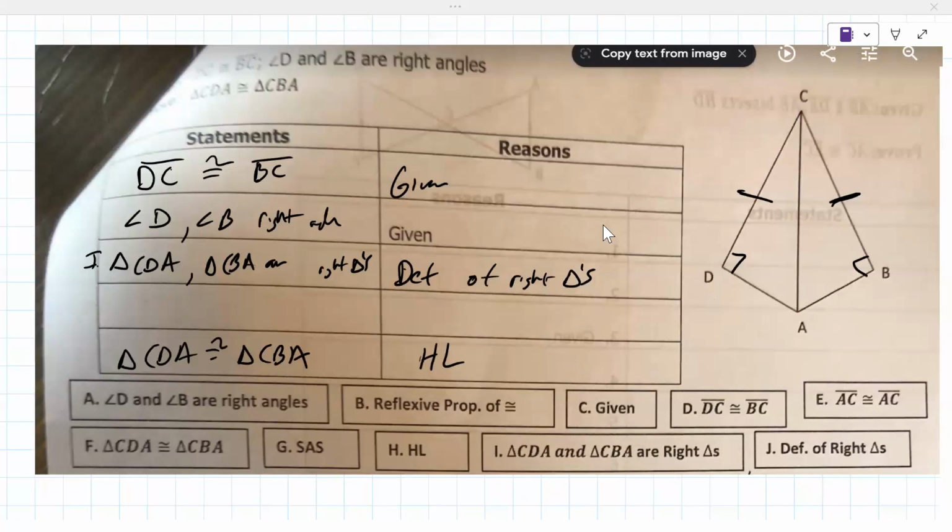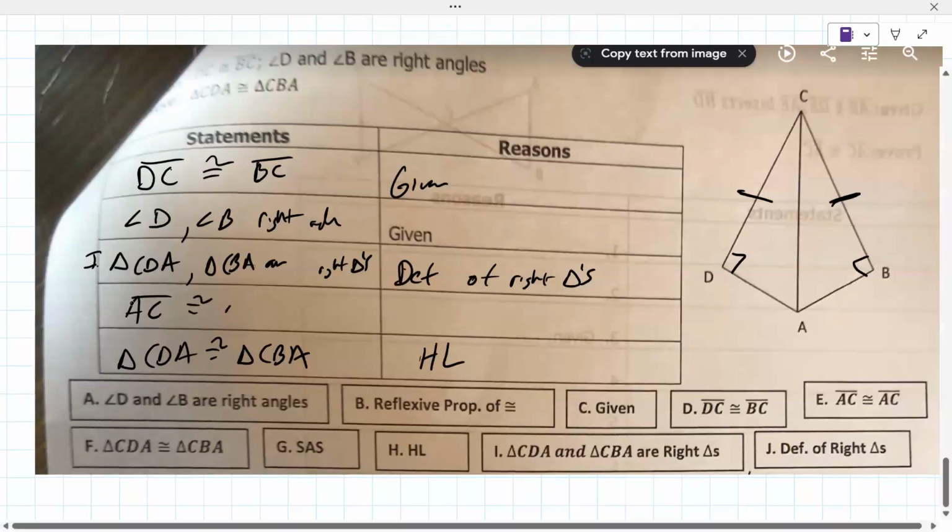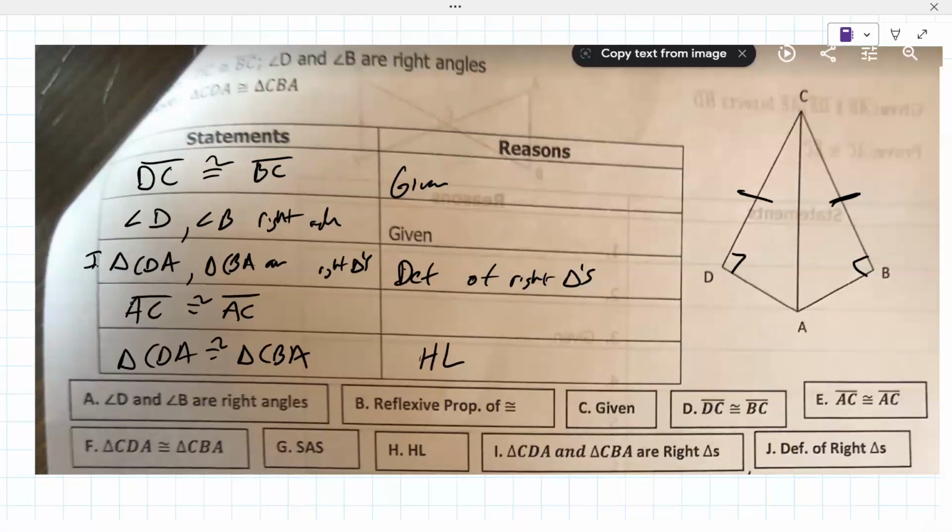So you need the hypotenuse. Which segment is the hypotenuse? CA. Yeah, there you go. So you got AC congruent to AC. What is the reason for that? Reflexive property.